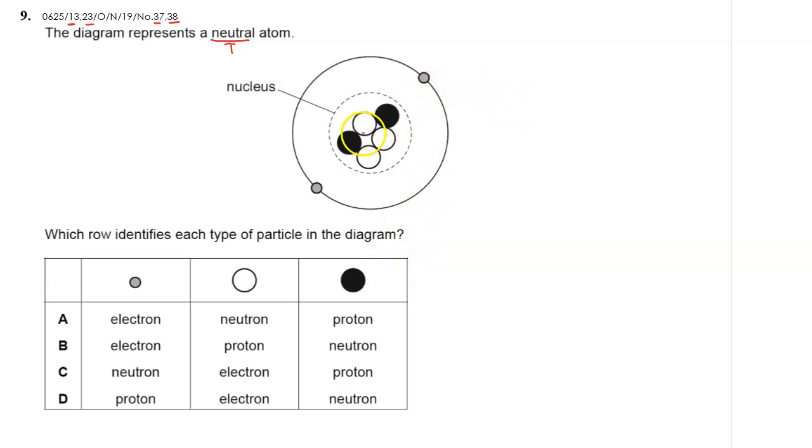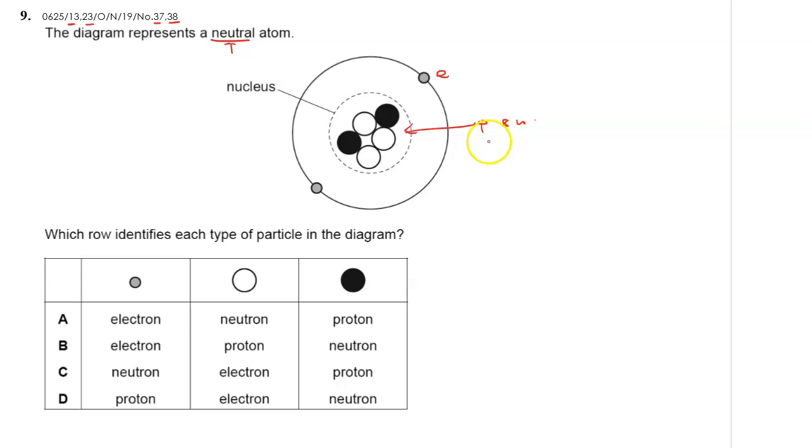Of course, you can see inside the nucleus we have 2 types of particles, the ones which are not shaded and the ones which are shaded black. In the orbitals we have electrons. And inside the nucleus we have protons and neutrons.